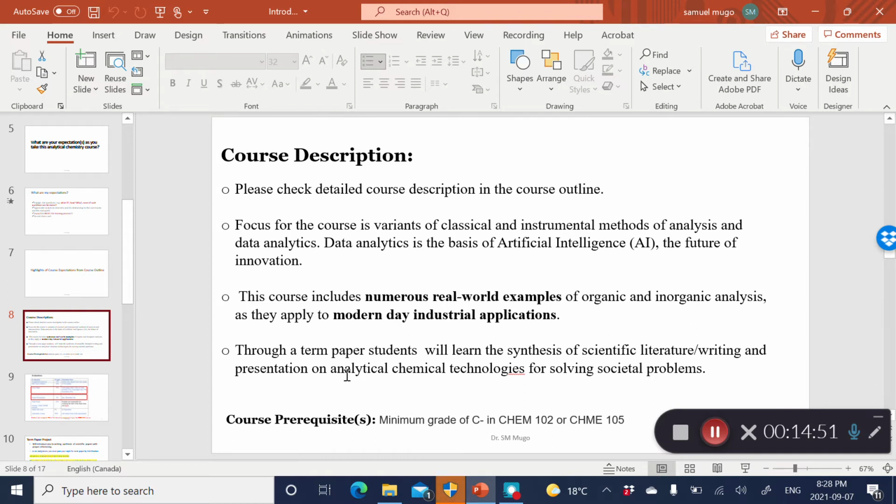The whole idea, of course, is to help you guys improve not only your scientific writing, but also the oral presentation or ways of presentation or disseminating your data in a different type of setting. And so the term paper really is a critical component of this course, and I'm going to talk a lot more in detail about that. All term papers are going to relate on how analytical chemistry can be used in solving a societal problem. And as I've said, I'm going to talk a lot more about that later.